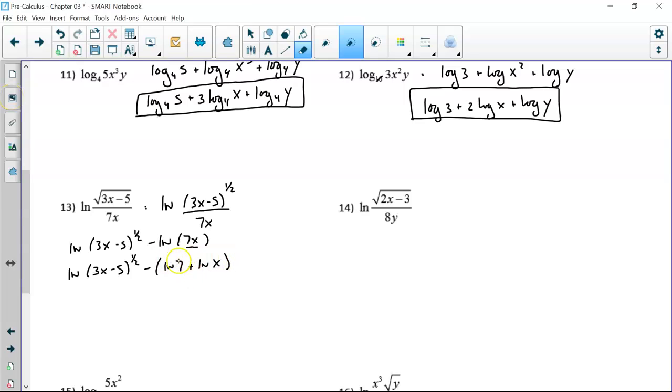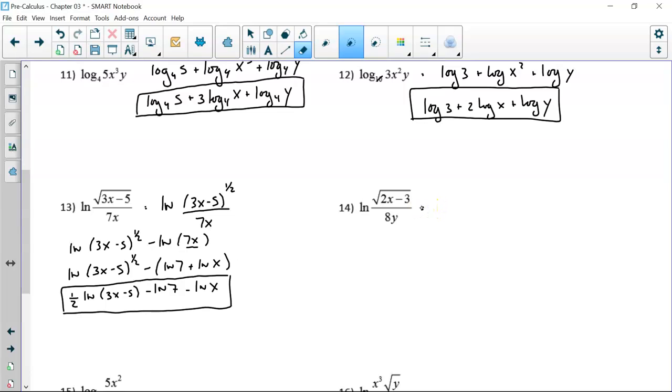Now, if you notice, we have the grouping symbols there. We have to distribute that negative. Now I'm going to take care of my exponent first. 1/2 the natural log of 3x minus 5, minus the natural log of 7, minus the natural log of x. You can see the 7 and the x were both in the denominator. They both need to have a negative in front of them.